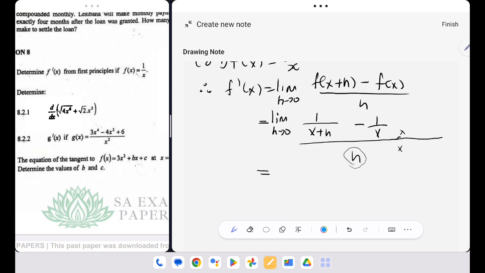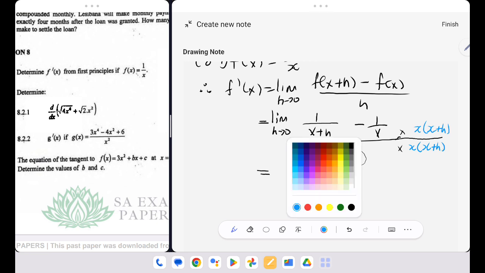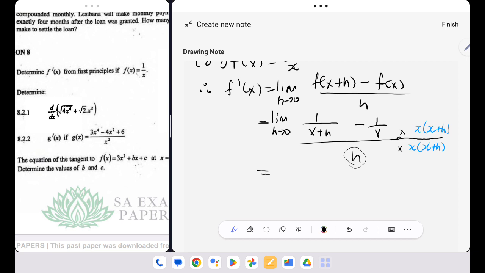My lowest common denominator will be x and x plus h. So that means I'll multiply every term on the numerator with the LCD and every term on the denominator with the LCD.